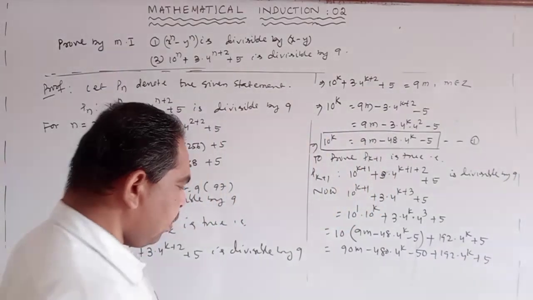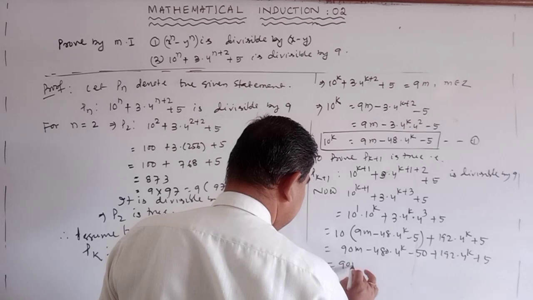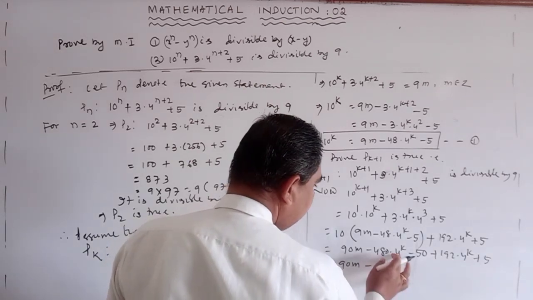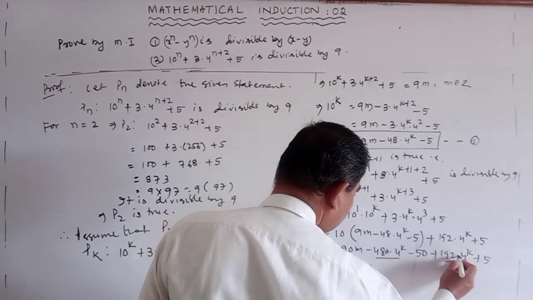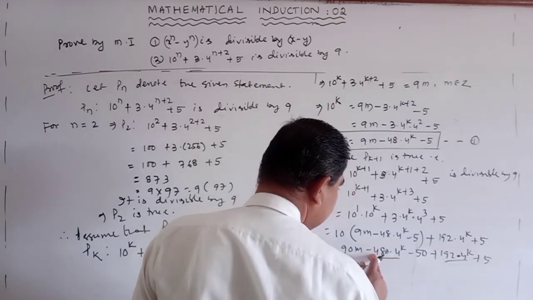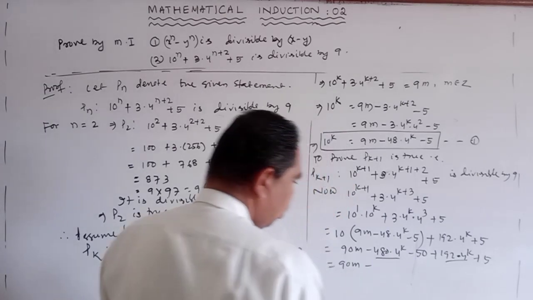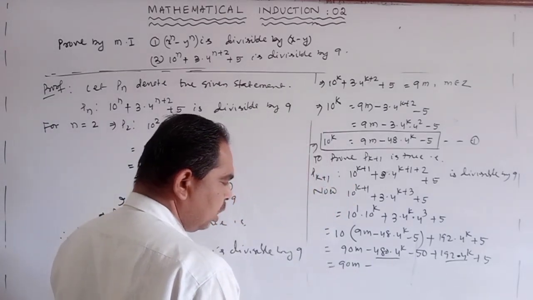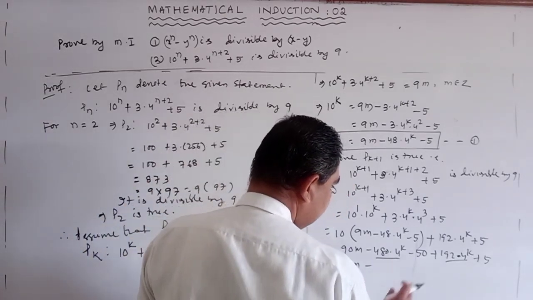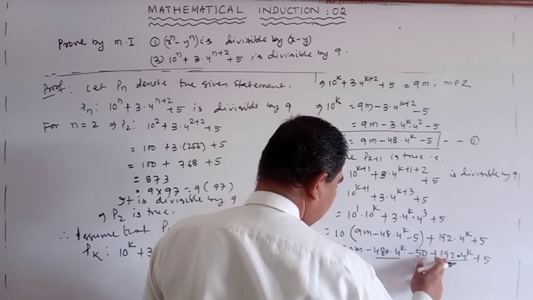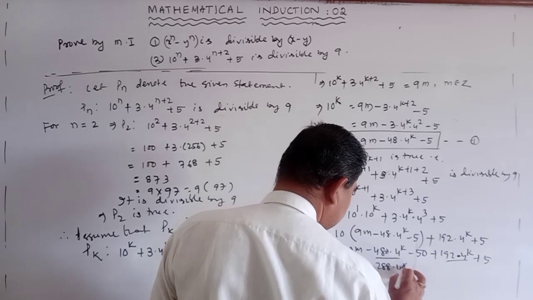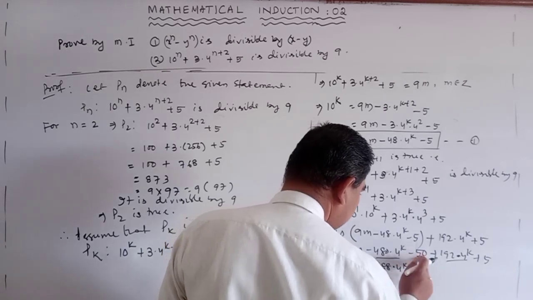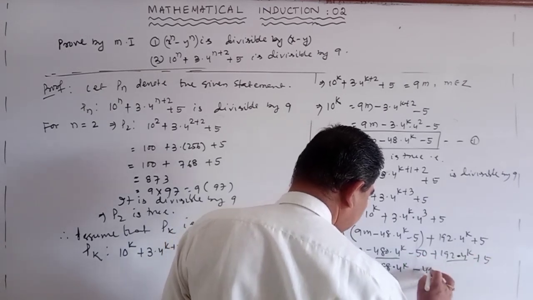Plus 5. So it is equal to 90m minus, taking 4 to power k as common, 480 minus 192, which is 288, into 4 to power k, minus 50 plus 5, minus 45.